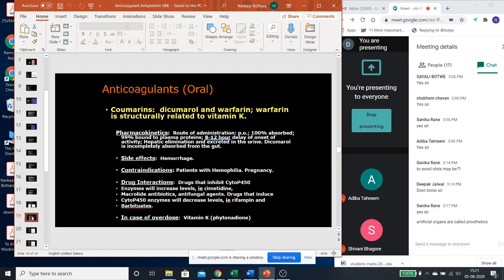If any drug is displacing it, then what will happen? Even if it displaces by just 10%, from 90 to 80%, in that circumstance the 20 microgram of the drug, that means double of the free drug, is available in the systemic circulation.